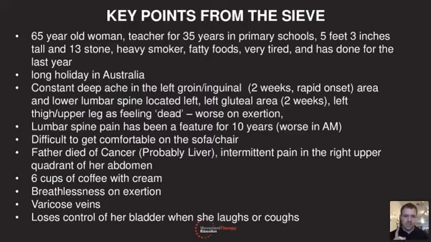She eats a lot of fatty foods, and she's obese, and she's got it in the family as well. So there are a few markers there that are possibly pointing towards cancer. Yeah, she's got intermittent pain in the right upper quadrant of her abdomen, which is where your liver is. Okay, so again, potentially that could be an issue.